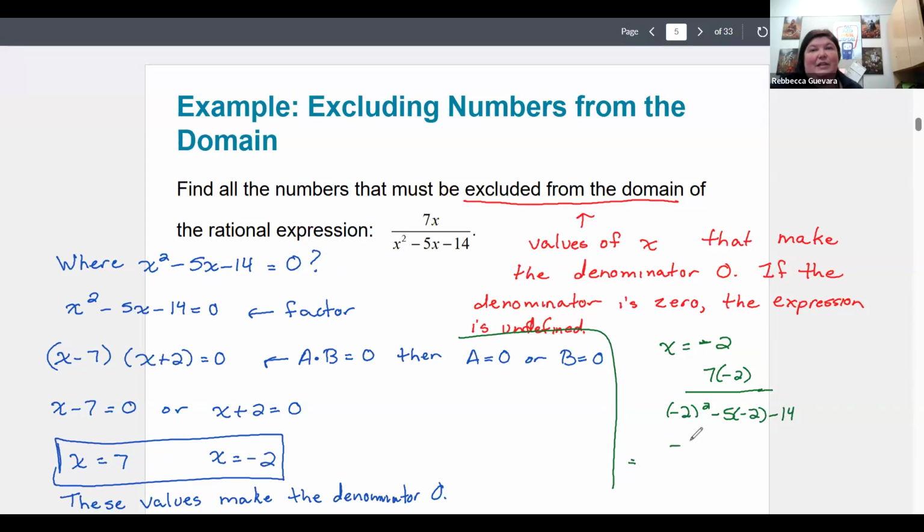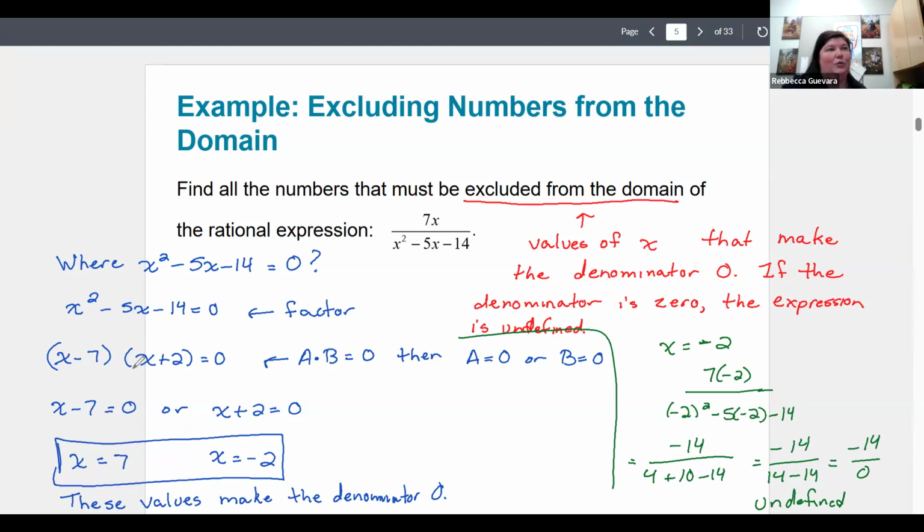That is going to be -14 on top, which isn't going to matter because on the bottom, I'm going to have 4 plus 10 minus 14. So I have -14 over 14 minus 14, which is -14 over 0. So as we see, if x is -2, we have a 0 in the denominator.